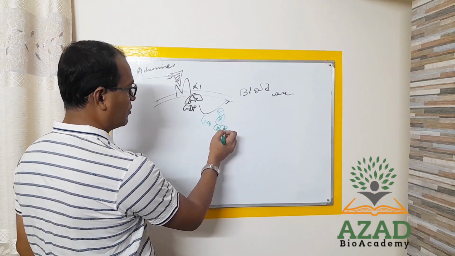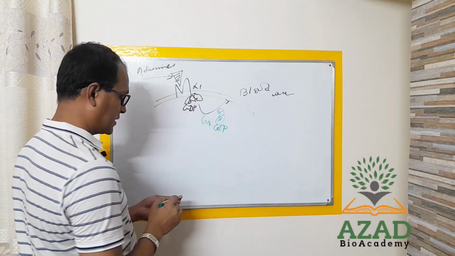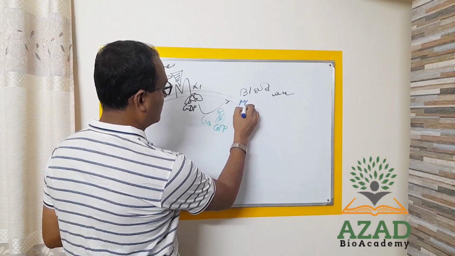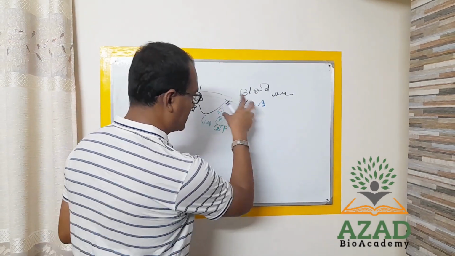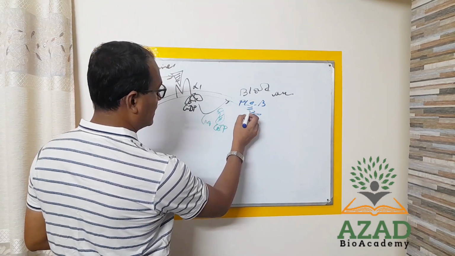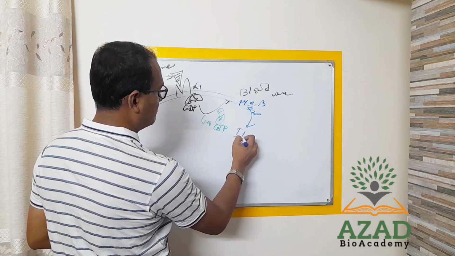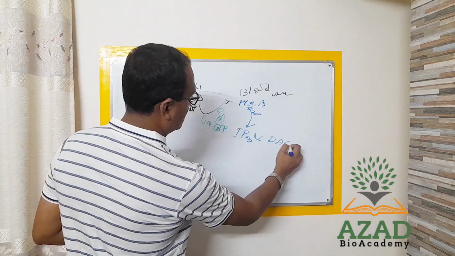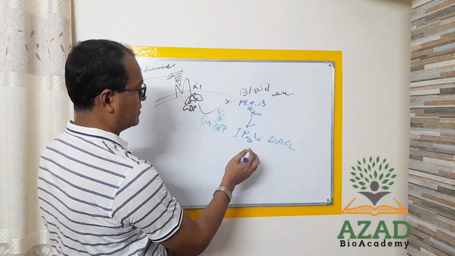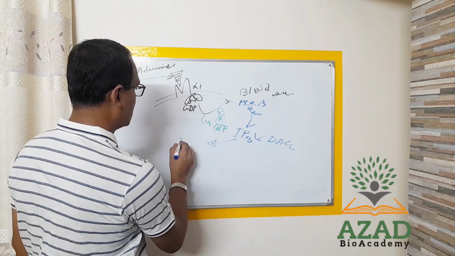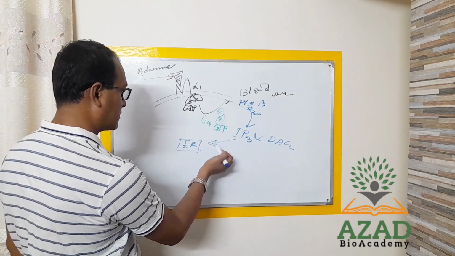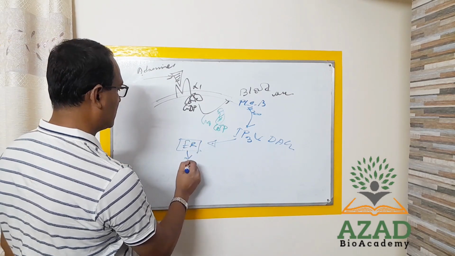That active G-Q will activate the enzyme phospholipase C beta, which is present in your cell membrane, where phospholipids are there, and it will make IP3 and DAG. Okay, those are the second messengers that come from phospholipid breakdown and inositol. Then IP3 will activate the endoplasmic reticulum by binding the IP3 receptor, and it will release the calcium.